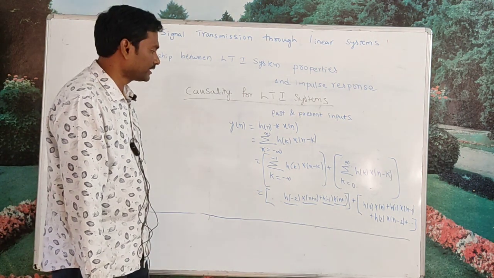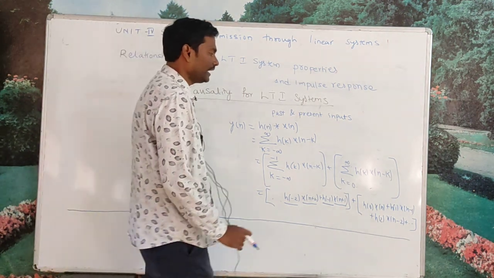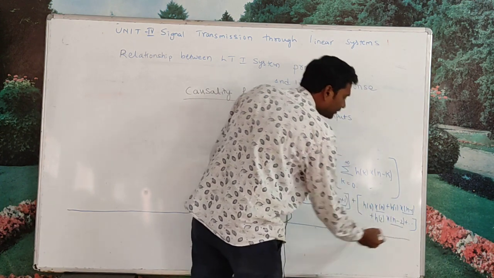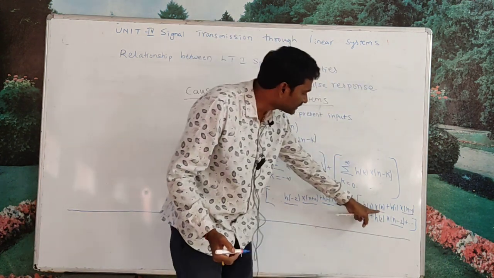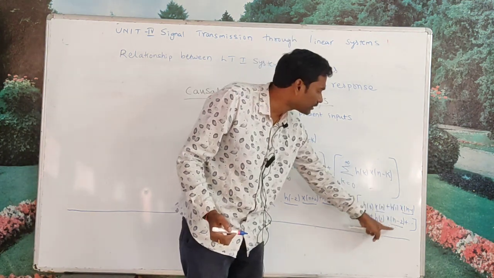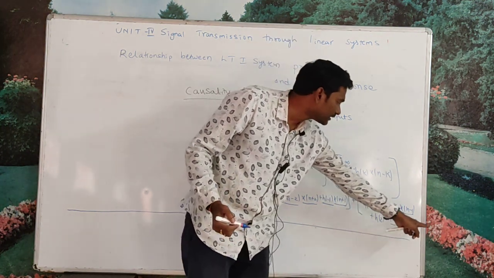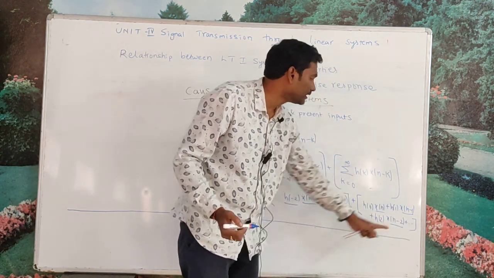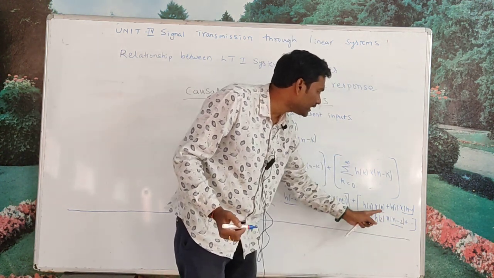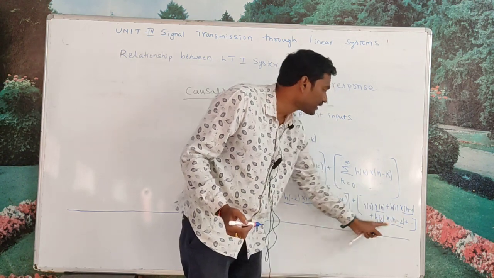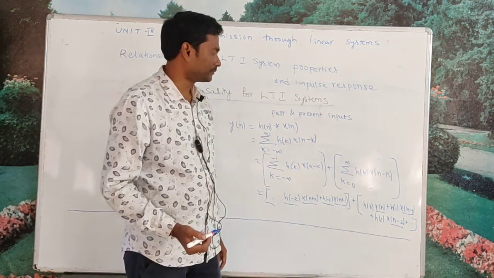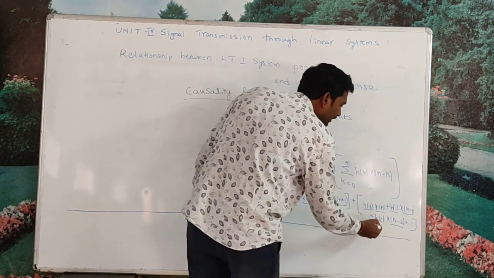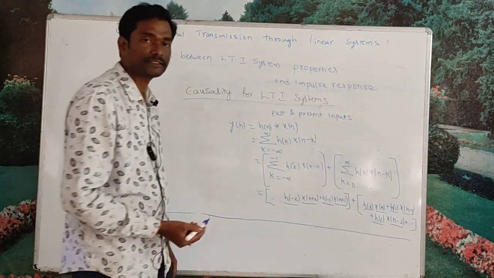When it comes to x of n, x of n minus 1, x of n minus 2, this is the present input, and these two are the past inputs, and the next coming terms are also related to the past terms. These are all the past and the present inputs, and these are all associated with h of 0, h of 1, h of 2 and h of 3, like that.